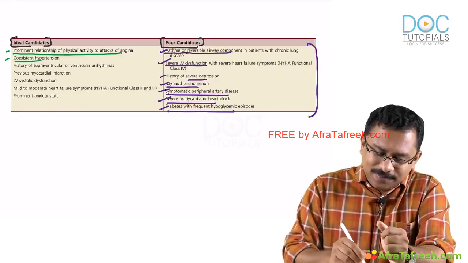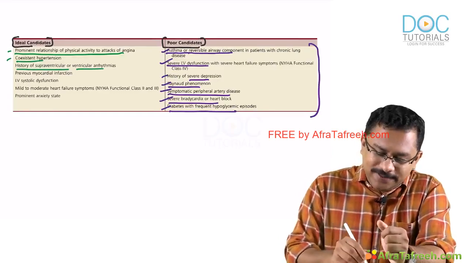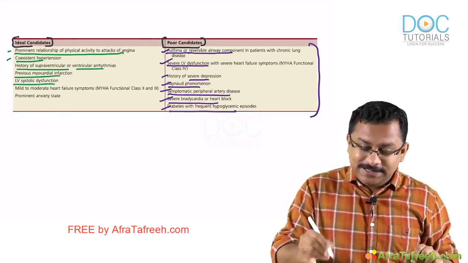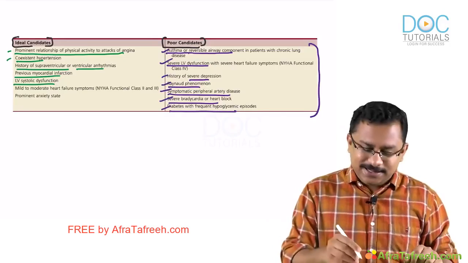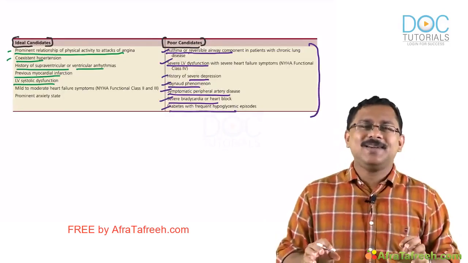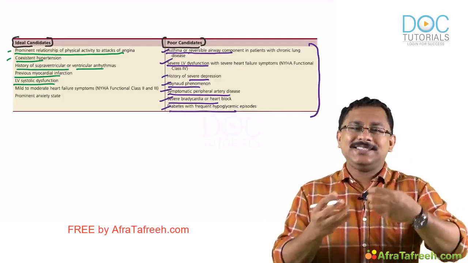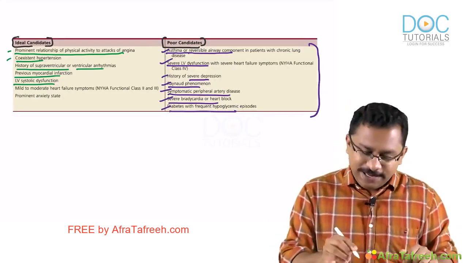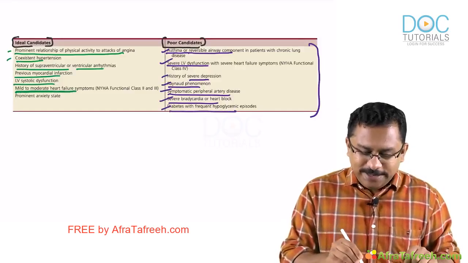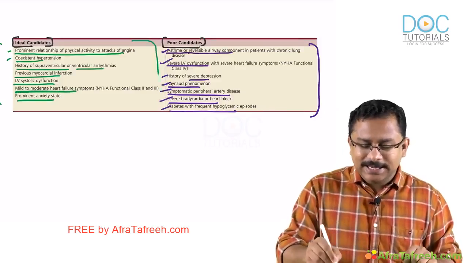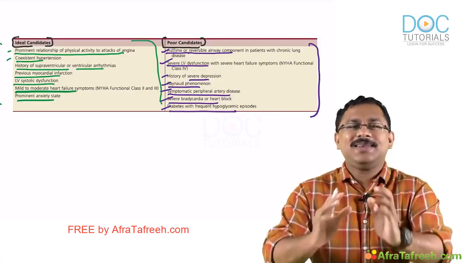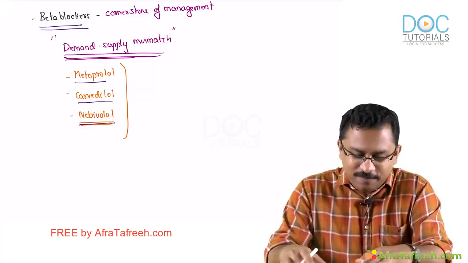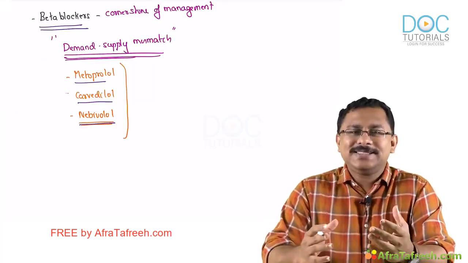Coexistent hypertension, history of supraventricular or ventricular arrhythmias, previous MI, LV systolic dysfunction, but remember severe dysfunction is again a contraindication, but otherwise mild to moderate dysfunction would actually conserve the energy of the heart, so thereby it would prevent any systolic failure. So mild to moderate heart failure symptoms and prominent anxiety states, these are individuals in whom beta blocker is a good choice.